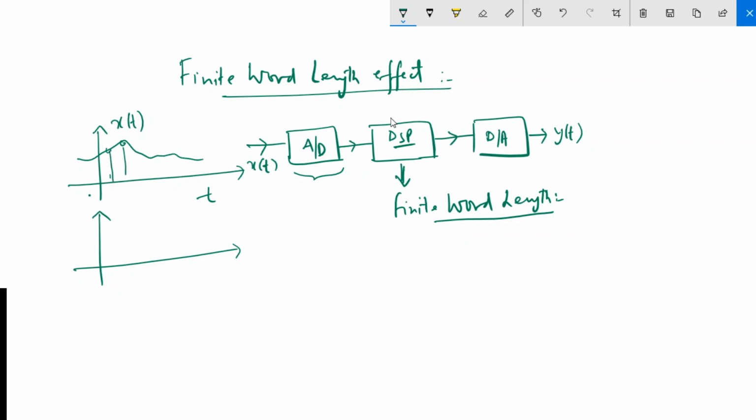Sampling means we are taking the amplitude at discrete intervals, not continuously. So you have a signal at this time, then at the next interval you have another sample. This is how sampling is performed. So you are taking the samples of the input signal after every time T. How to choose this T, we will discuss when we discuss the sampling theorem.